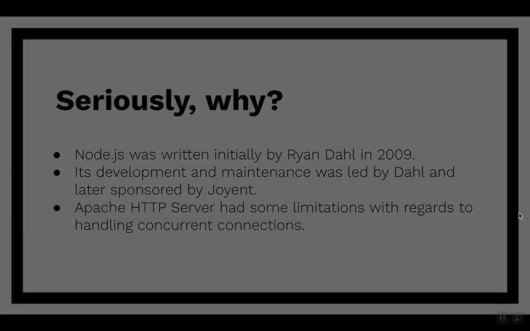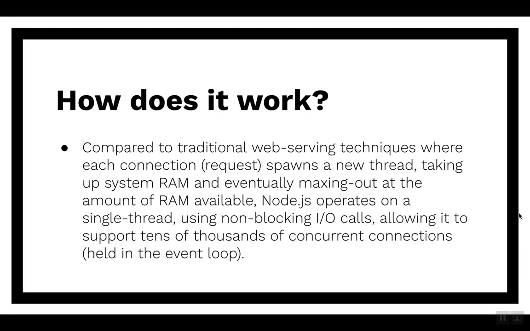However, a Node.js application runs in a single process without creating a thread for every request. The Node.js runtime environment provides a set of asynchronous I/O primitives in its standard library that prevents the JavaScript code from blocking.